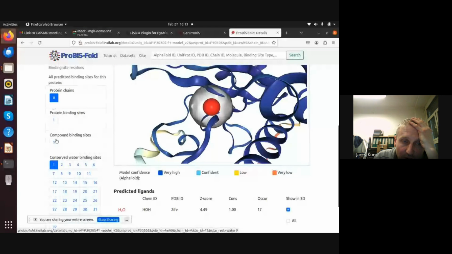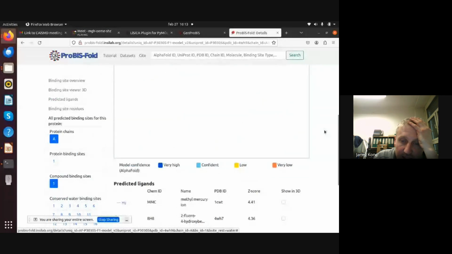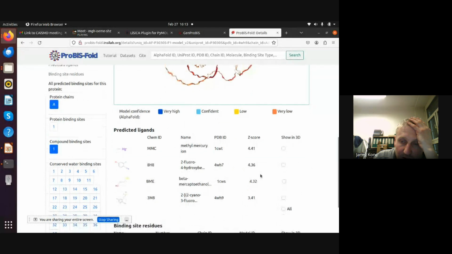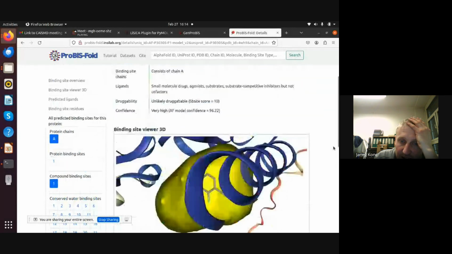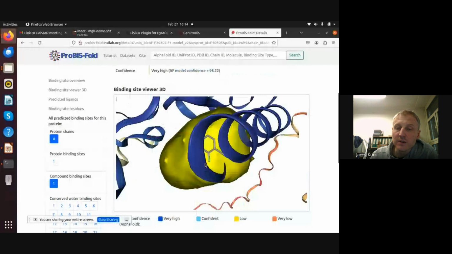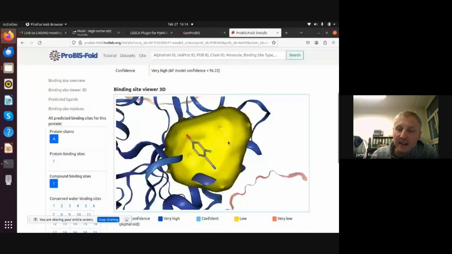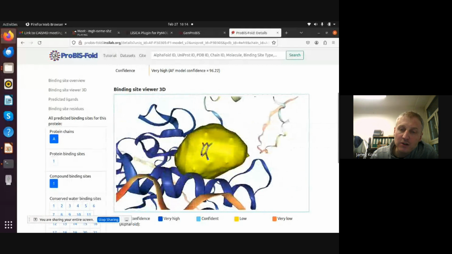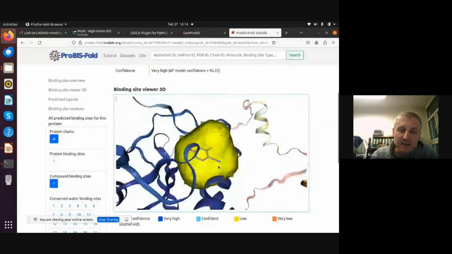Let us see also a compound binding site on this protein. This will be here. These are not really drug-like. Druggability here is unlikely druggable. Here the binding site is unlikely druggable. But we have a binding site for a small molecule that we predicted, with the corresponding ligand within this binding site.